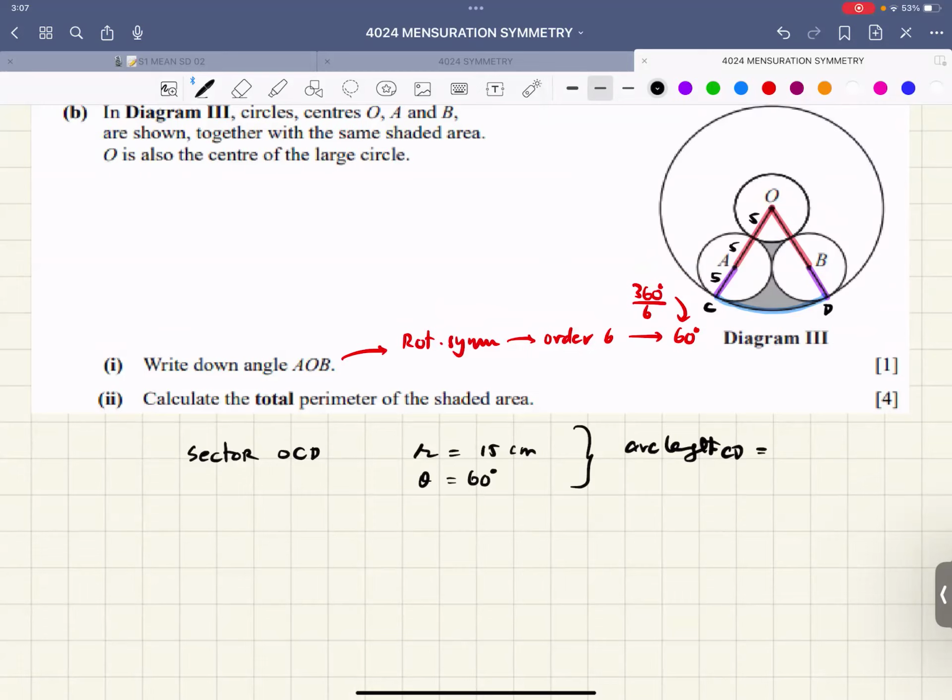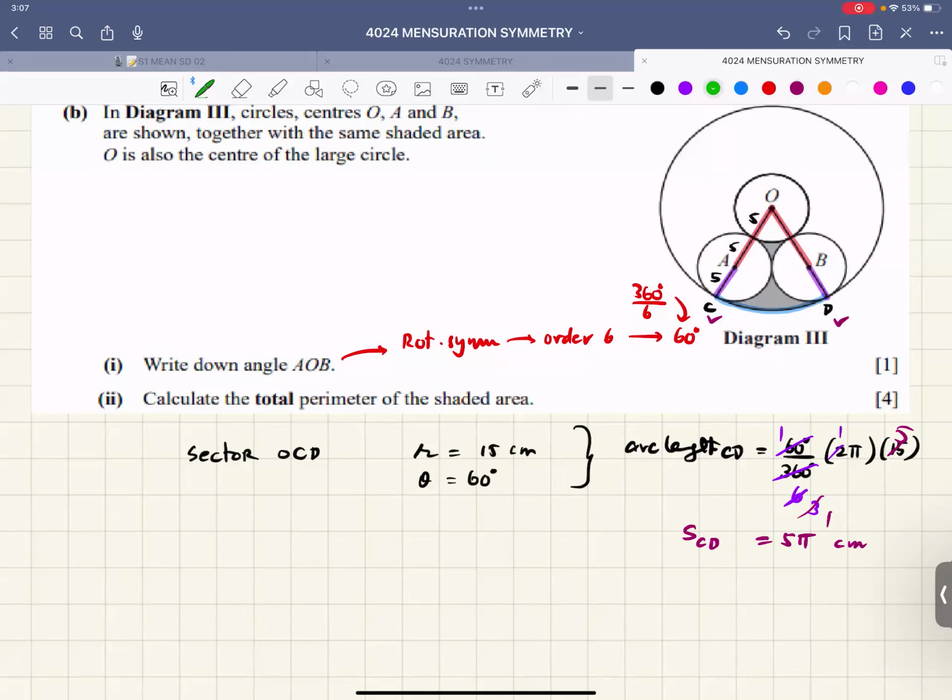If I need CD, that equals theta over 360 into 2 pi into r, which is 15. So 6 ones are 6, 2 threes are 6, 3 fives are 15. So this comes out to be 5 pi. Leave it as it is. I'll use the calculator later. This is arc length CD. So this CD is found.